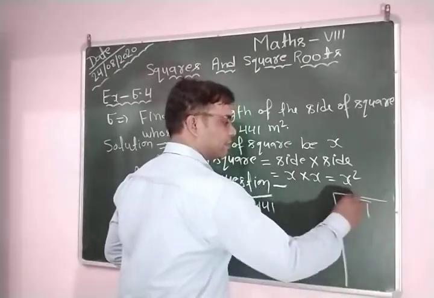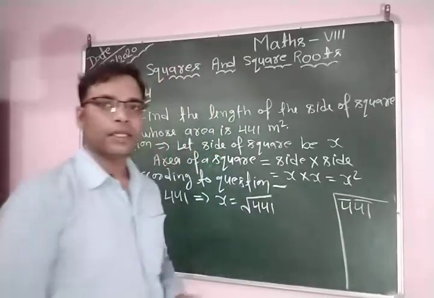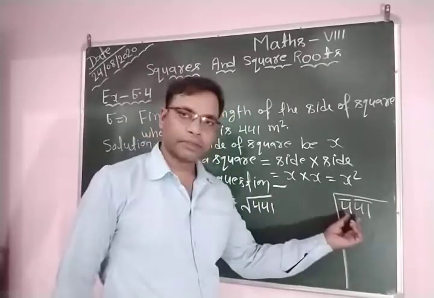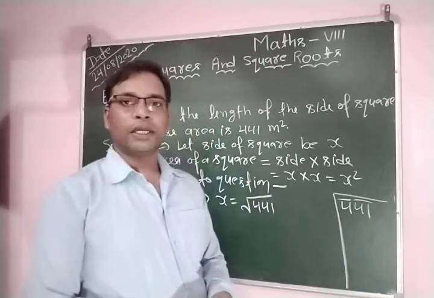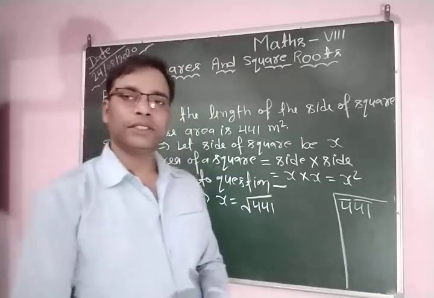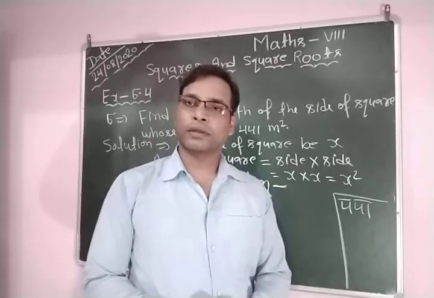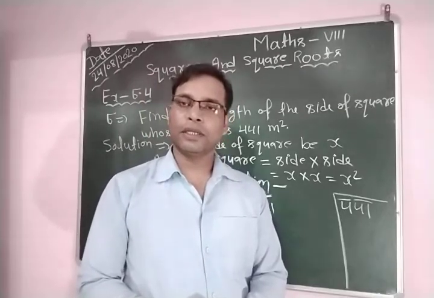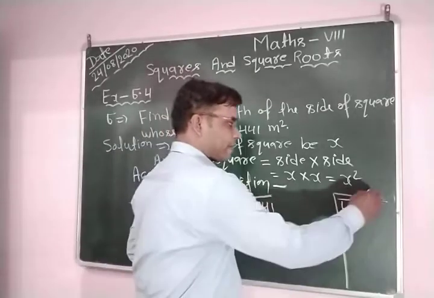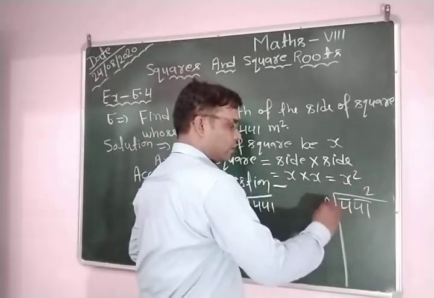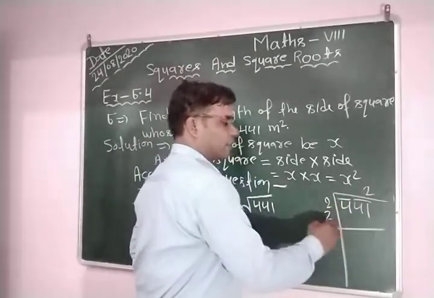Okay, select pairs, clear, and the extreme left digit is 4. So we select a number whose square is 4 or less than 4. If you take 2 here, also put 2 here, and the square of 2 is 4.